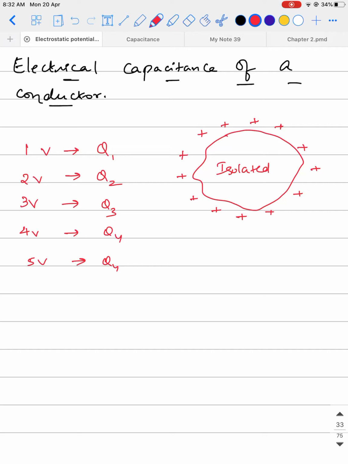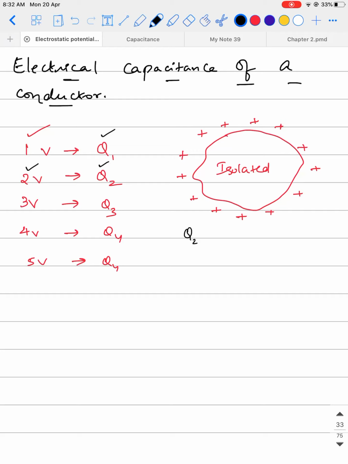What exactly is happening is, when you connected 1 volt, the charge deposited is Q1. When you increased it to 2 volt, the charge changed to Q2. What should be the relation between Q1 and Q2?